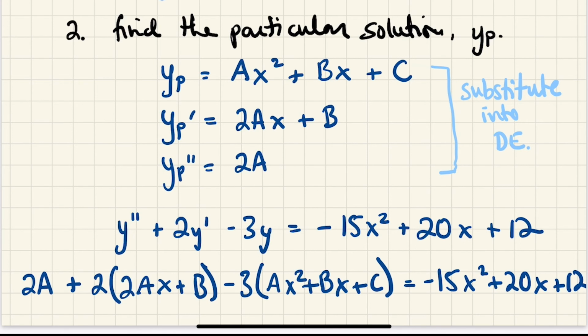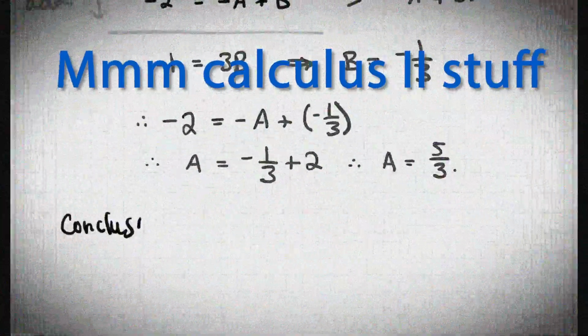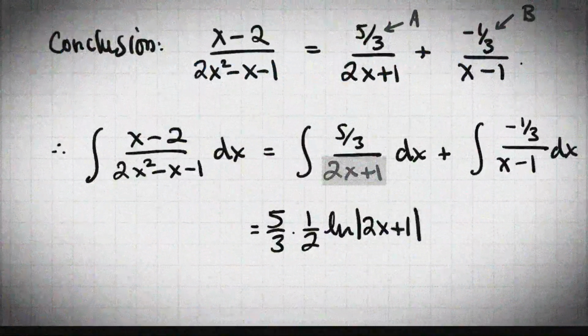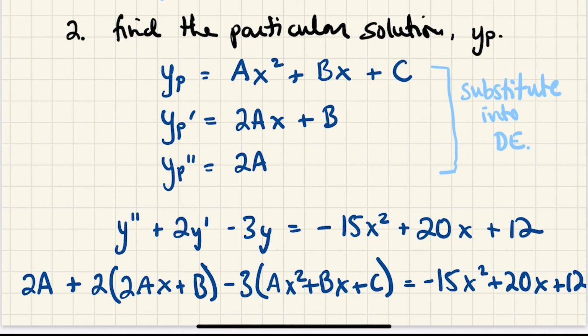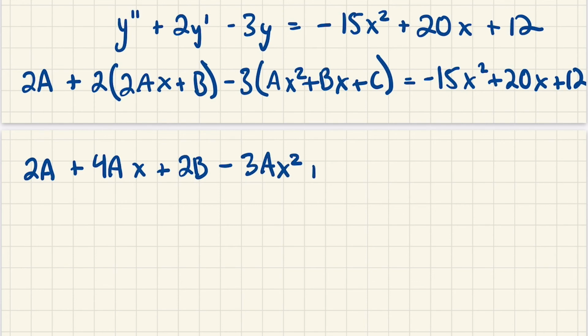that thing. So now, using methods that are reminiscent from when you found the coefficients from partial fraction decomposition, you can determine what a, b, and c are. So let's distribute and combine by power of x. So we have 2a plus 4ax plus 2b minus 3ax squared minus 3bx minus 3c is equal to this quadratic.